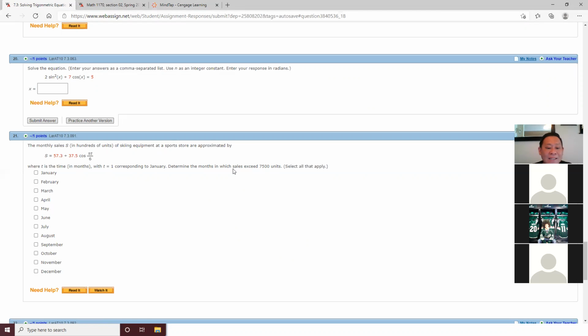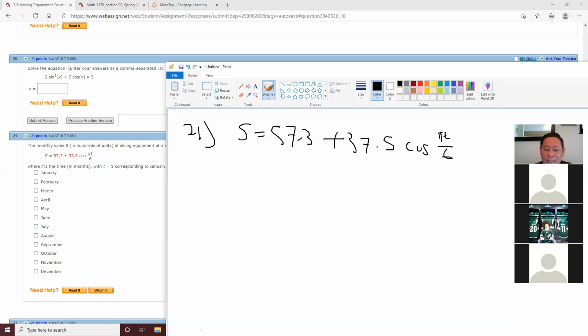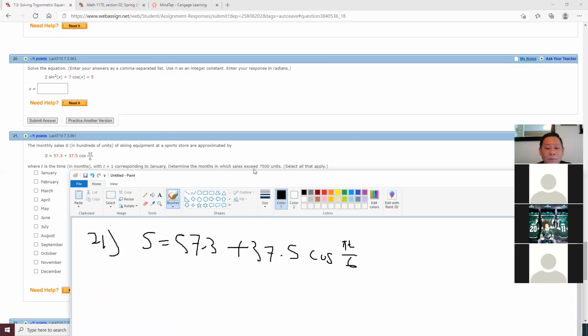Now, that means your S in this case is 7500, exceed. Does anyone know what exceed stands for? It has to be greater than. So that means this sale has to be greater than 75,000. Is this the correct way to write this?